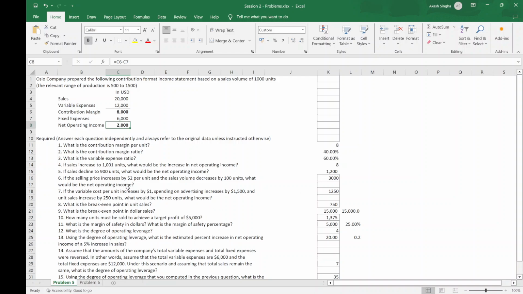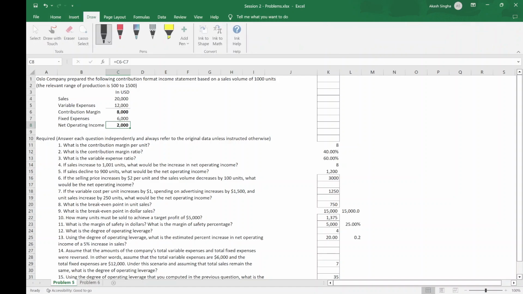If the sales price increases by $2 per unit and the sales volume decreases by 100 units, what will be the net operating income? We are selling at 20,000 per 1,000 units, so 20 per unit. With the increase it will be 22.